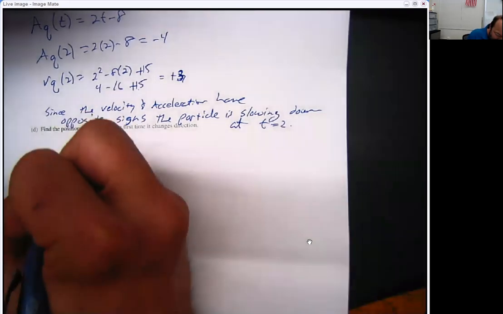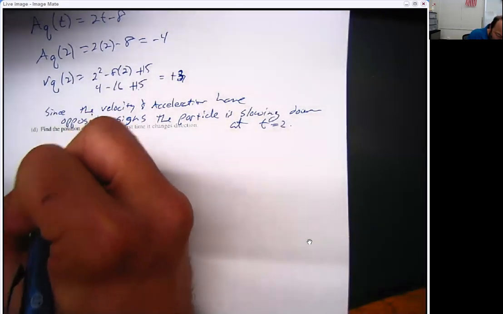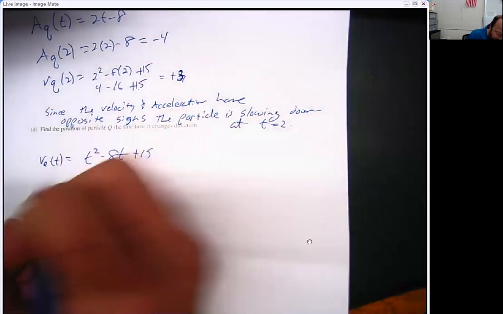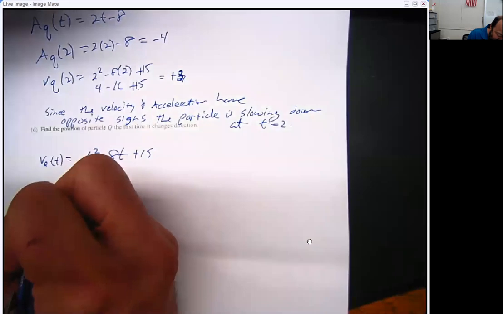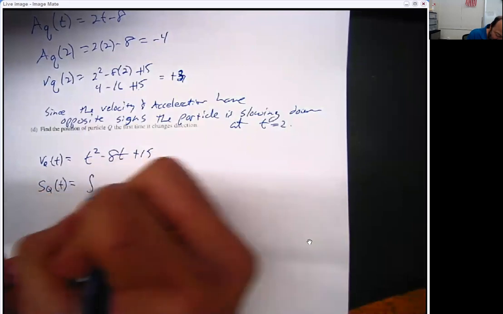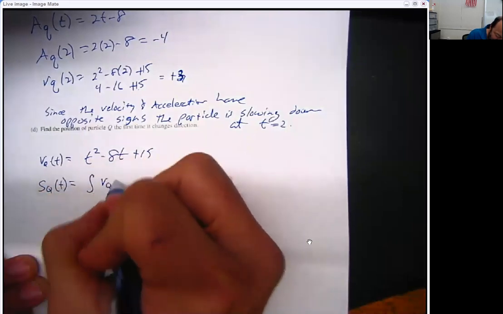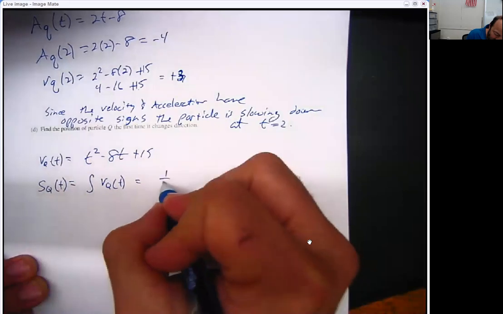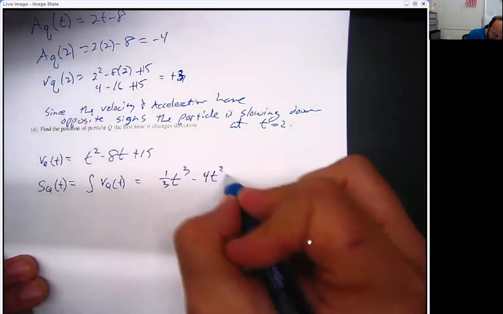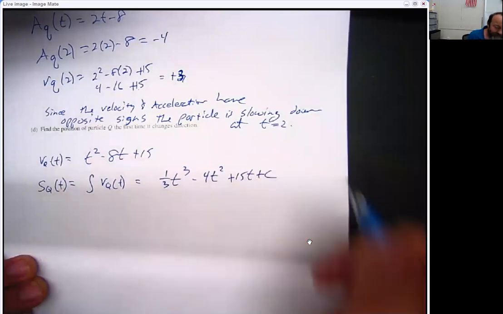So again, keep in mind v sub q of t, which is t squared minus 8t plus 15. If I want to find the position function, I need to integrate this. So s sub q of t would be the integral of v sub q of t, which would be 1/3 t cubed minus 4t squared plus 15t plus c.